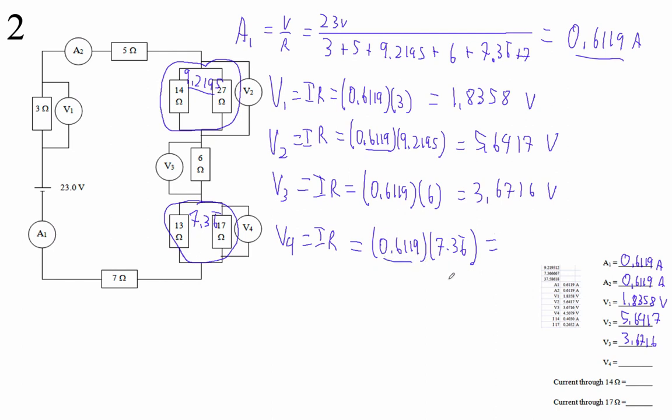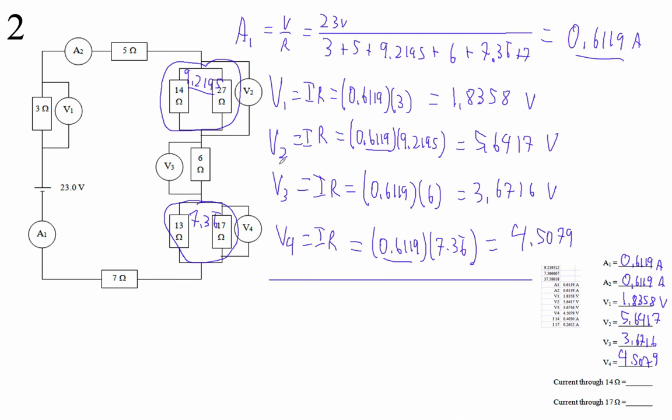And now I'm going to go up arrow and find the 7.36 bar because I'm too lazy to type it in. All right, and that is 4.5079.